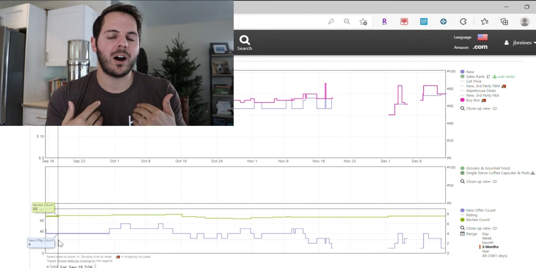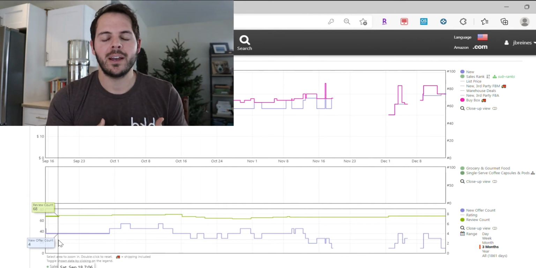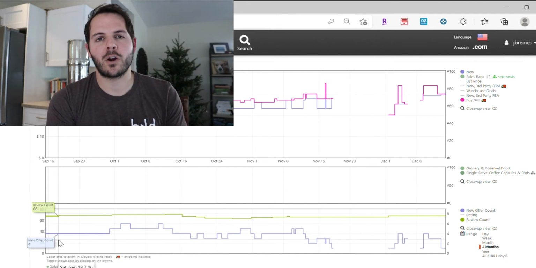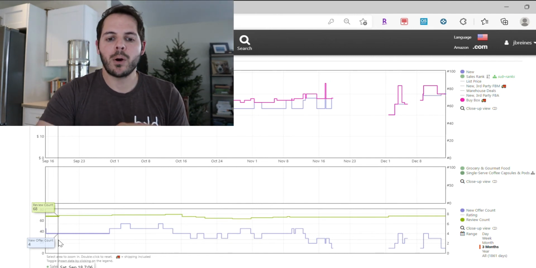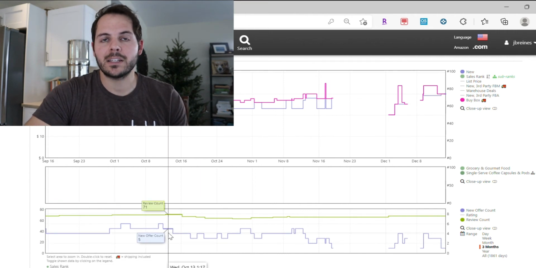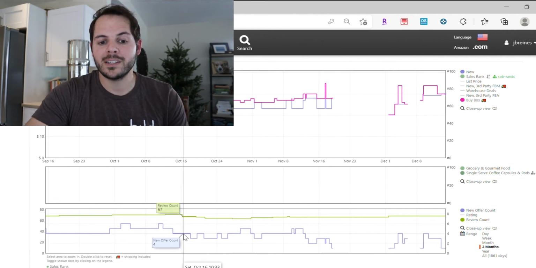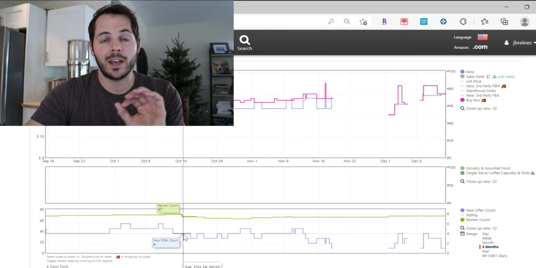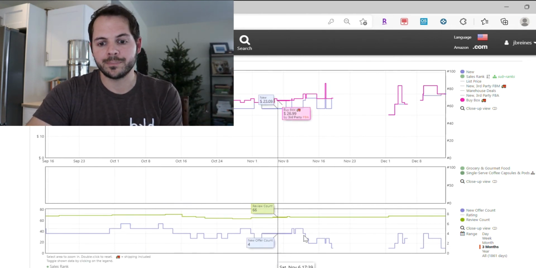Most sellers don't constantly pull back their inventory that quickly, okay? So if it dropped from 6 sellers to 1 seller overnight, that might be a red flag. But what this is showing me is that consistently this product is selling because the amount of sellers is decreasing, meaning again that they're selling through their inventory. So that's another context clue.